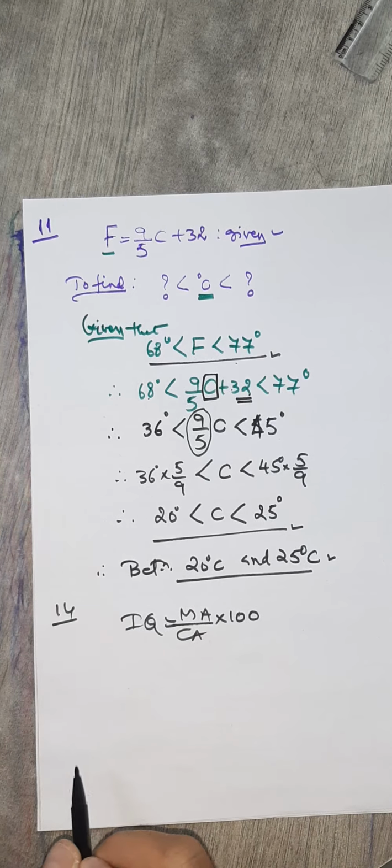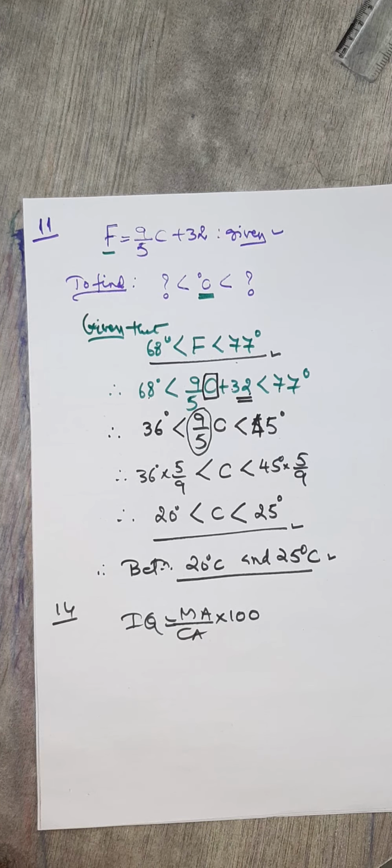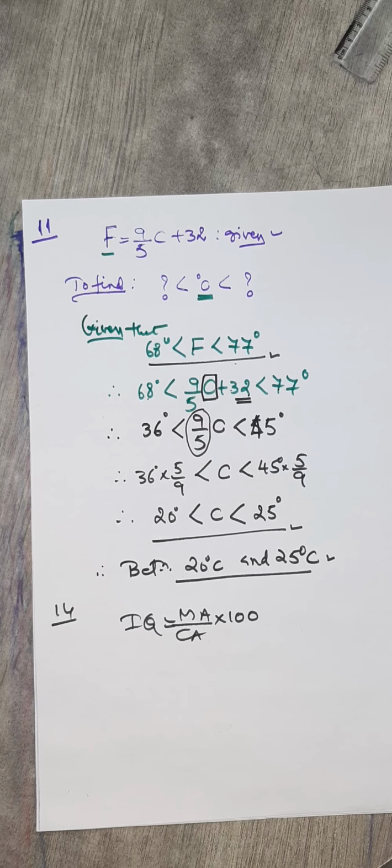This is given to you, where MA is mental age, CA is chronological age. IQ you are given for a group of 12 year old children, find the range in mental age. That's the question. So you want the range on mental age.